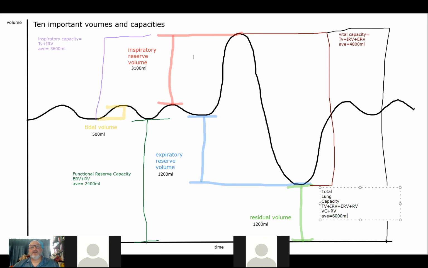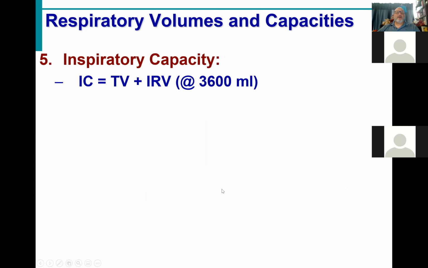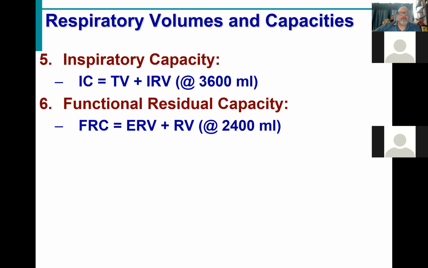So notice, as we go back here, we have that inspiratory capacity. That is the amount of air I'm able to take in with a maximal inhalation. My functional residual capacity: how much air is left in my lungs after a normal exhalation that can do work.